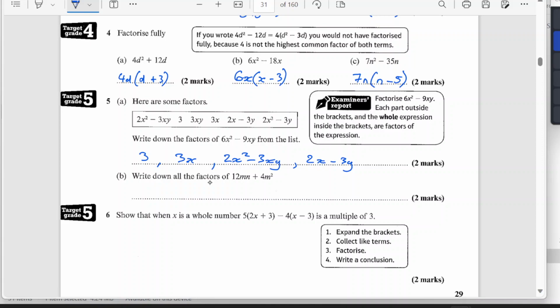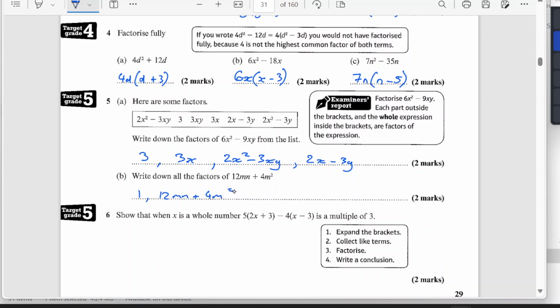Okay, write down all of the factors of this one. So I'm going to do this slightly differently. I'm going to kind of factorize it and put commas in between instead of brackets. So in theory, the first factor pair would be 1 and 12mn plus 4m squared.